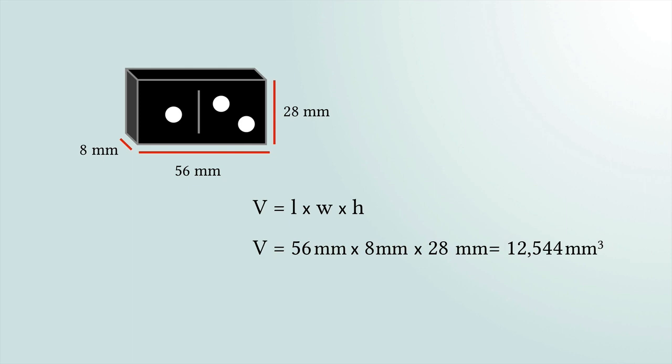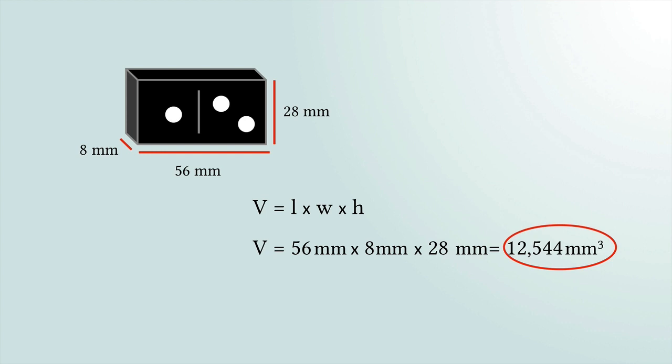So our answer is 12,544 cubic millimeters for the volume of the domino. For larger boxes, you may use centimeters, meters, or kilometers, resulting in volumetric measurements of cubic centimeters, cubic meters, or cubic kilometers. The units are determined by the information you're given.